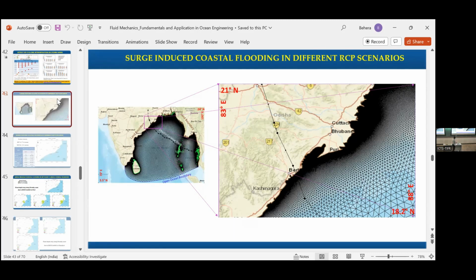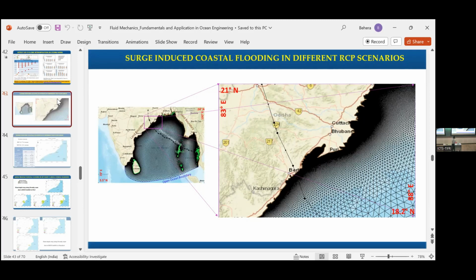So up to that we do the discretization, or we consider our domain extent up to that. This land area, closer to the coastal locations, we use very fine resolution mesh, maybe 100 meter. Sometimes depending on the model stability, we may vary here and there. And then we do the modeling.